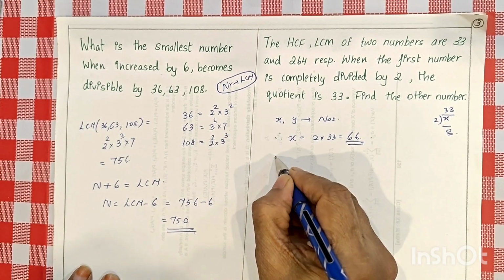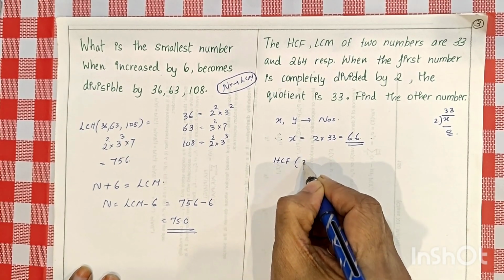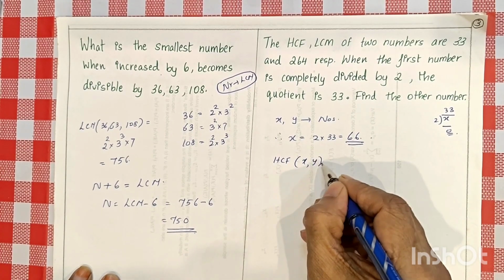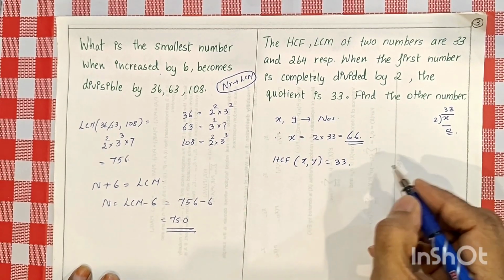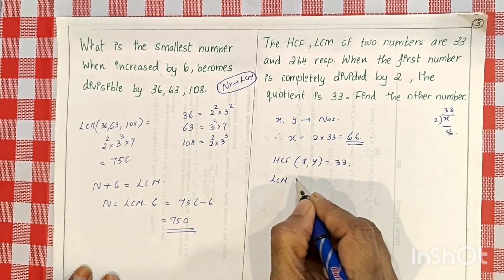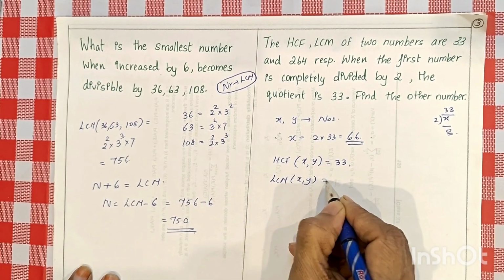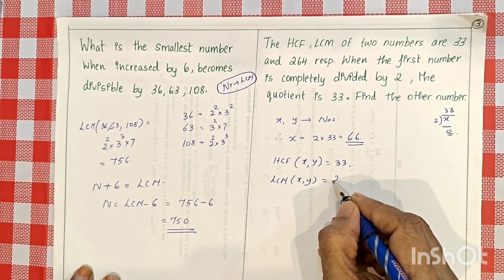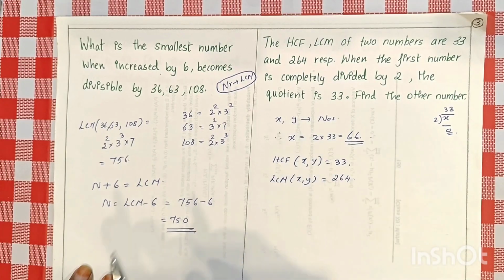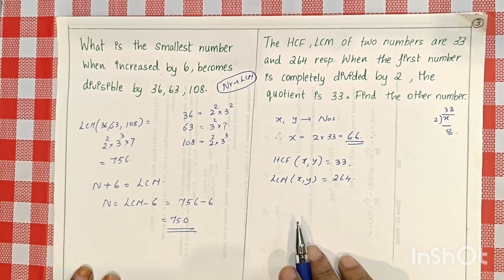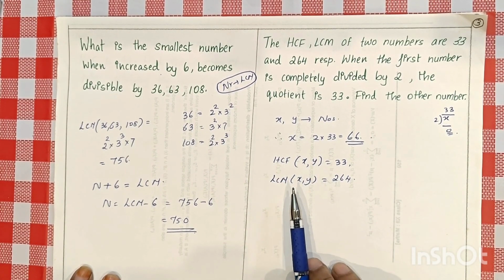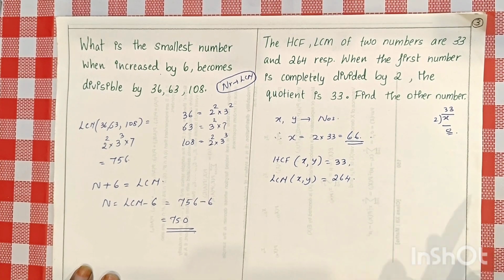Now HCF of x and y is 33 and LCM is 264. Now we have learned the product of HCF into LCM is equal to product of the numbers.